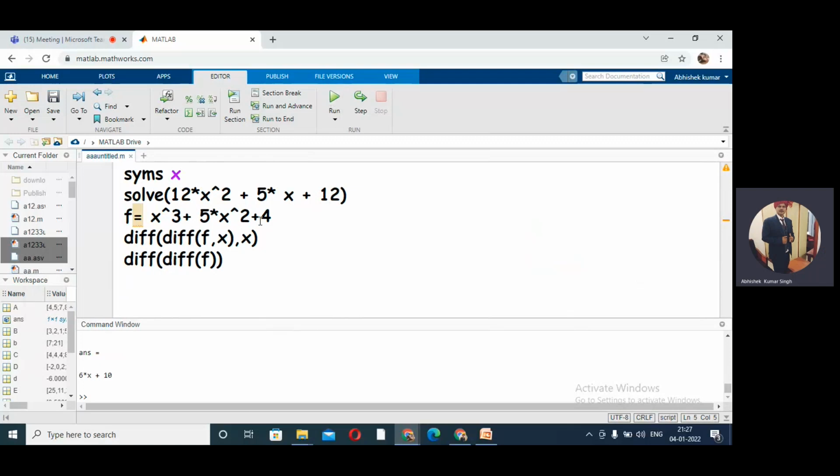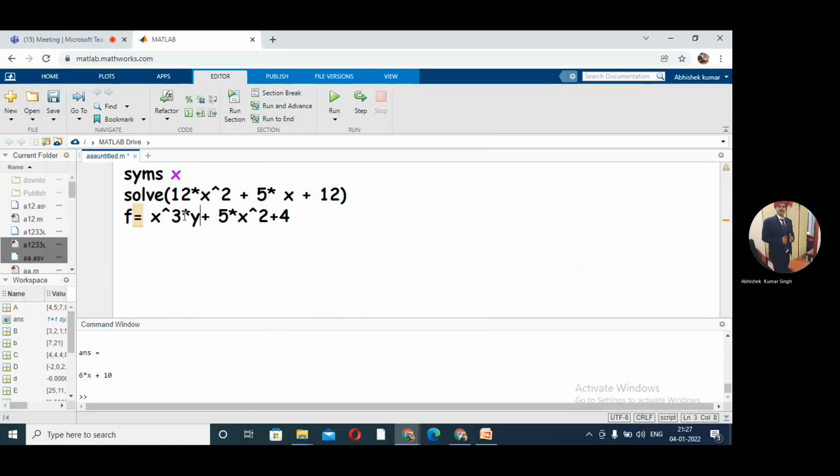Yeah, can you see? Now suppose we have a function of two variables, then you see how this comma x will play the role. X cube into y cube. Fine. 5x square into y plus 4y. Now here we have a function of two variables.